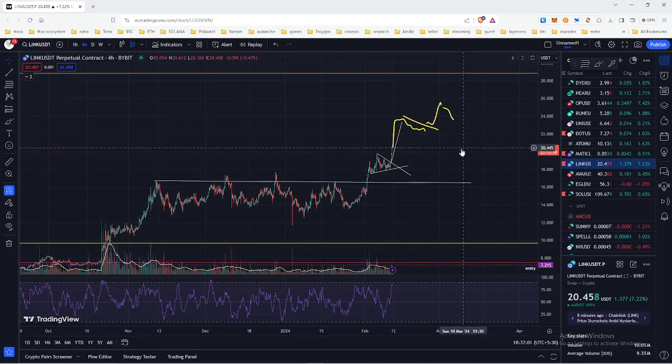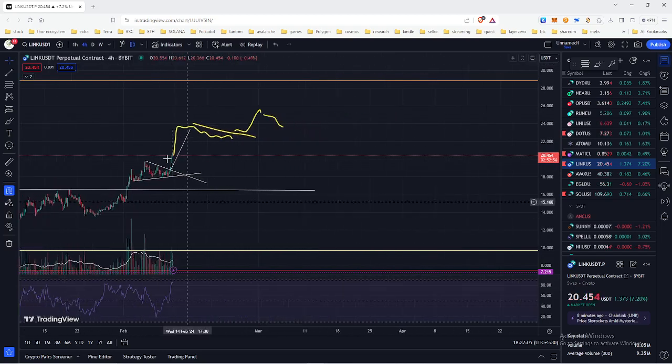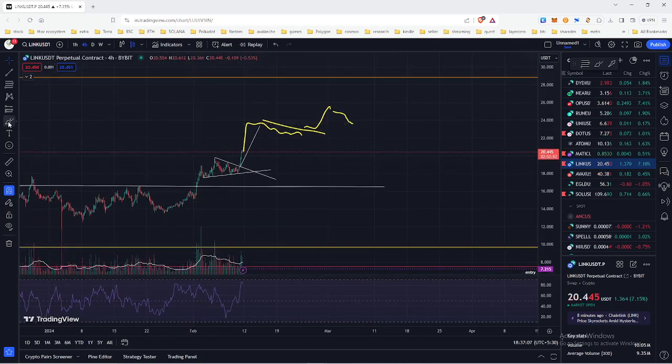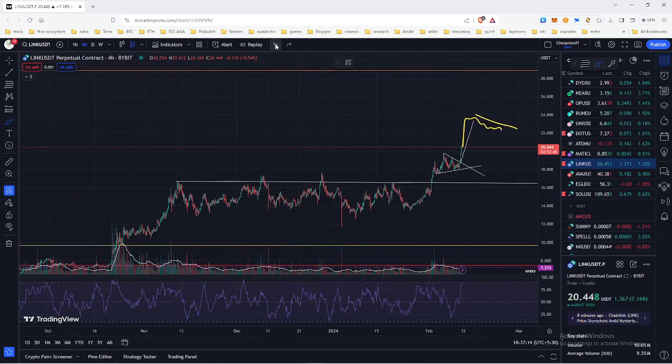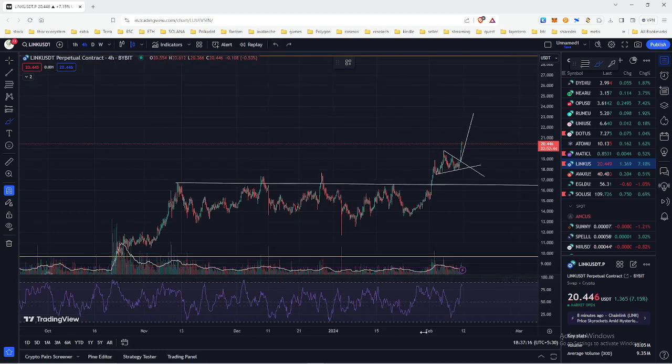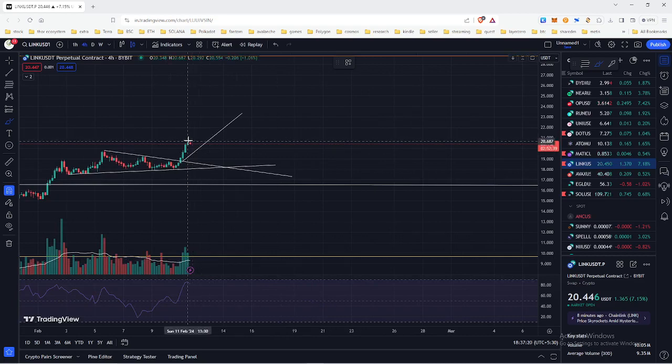So that's it. A bearish scenario would be coming down and not holding this low as support.